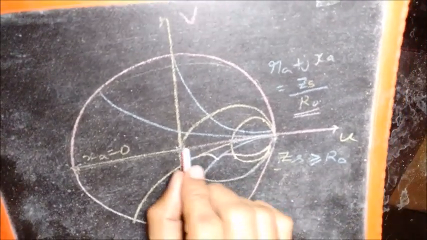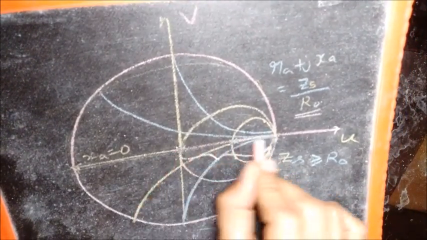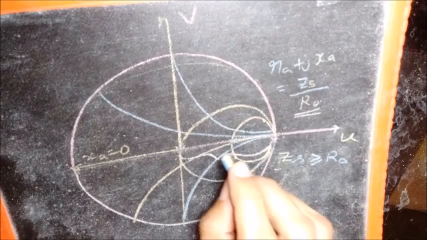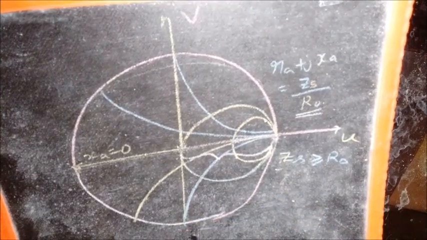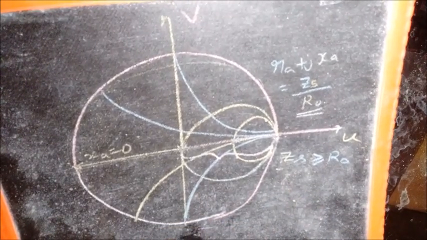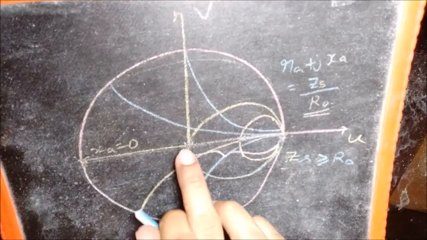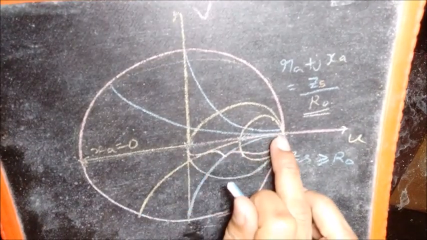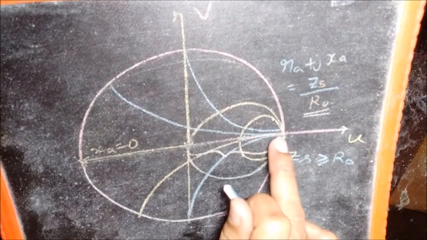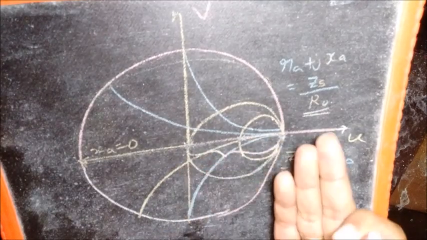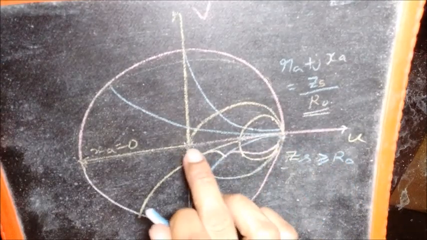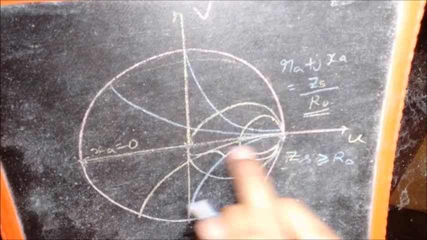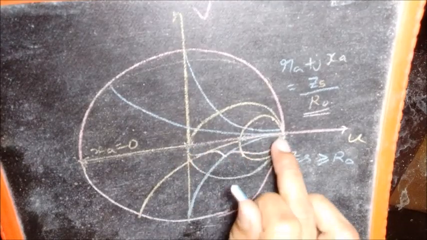So remember that on this radius towards the right, the impedance will be real, resistive, and greater than or equal to R0, which is the same as saying that the normalized impedance will be real, that is RA, and greater than or equal to 1.